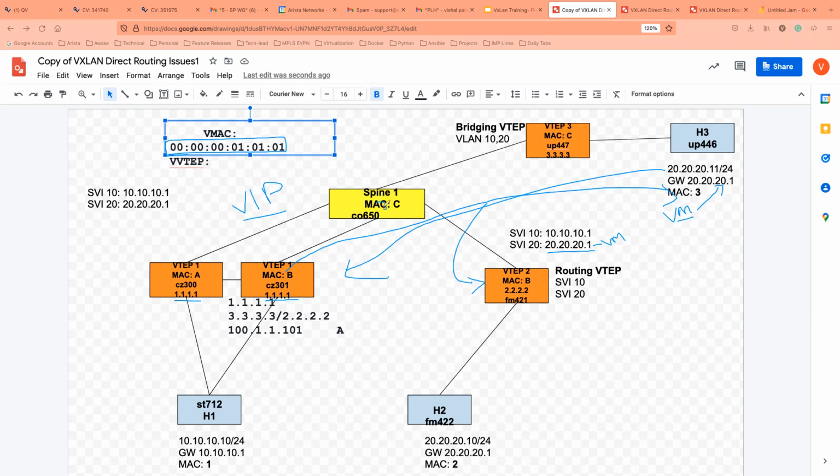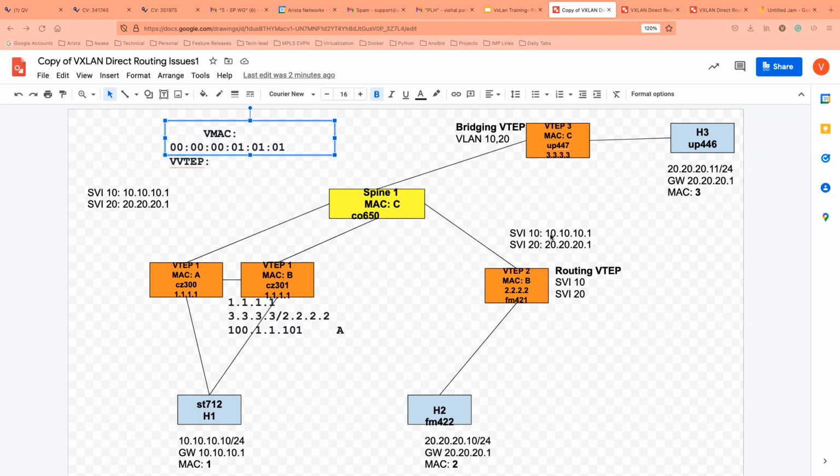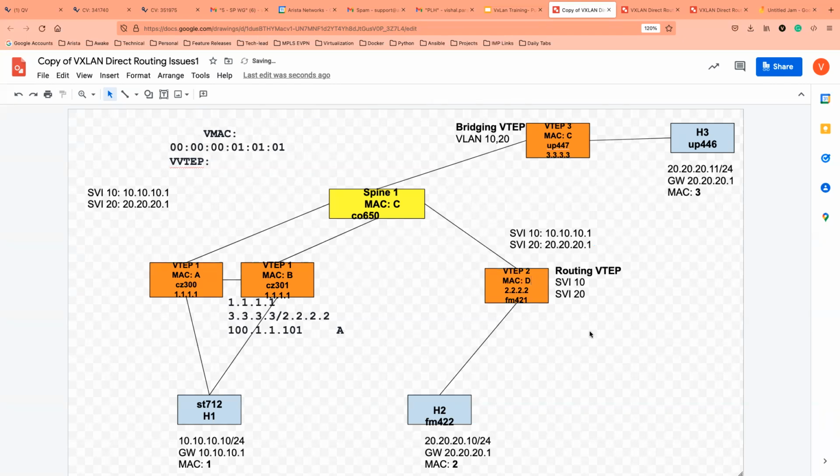Here it will check the route for 1.1.1.1 where it will have ECMP, and it will choose only one path and send out the ARP request to any one of them based on ECMP. Clear? Anything else? I just changed the MAC here, just to avoid confusion. So we'll make it D. Is there any question?